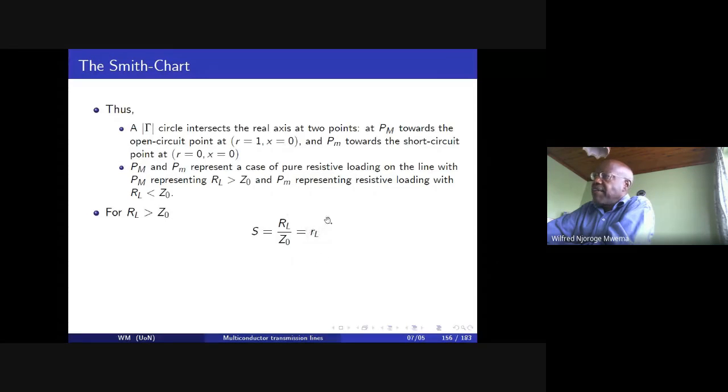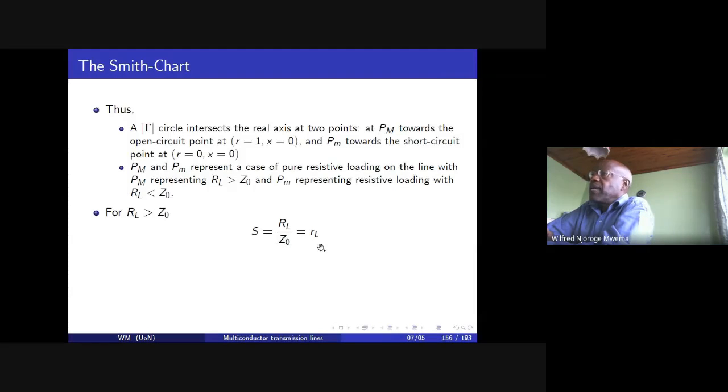Any point where the gamma circle crosses the real axis will give us the voltage standing wave ratio for the case where RL is larger than Z0.